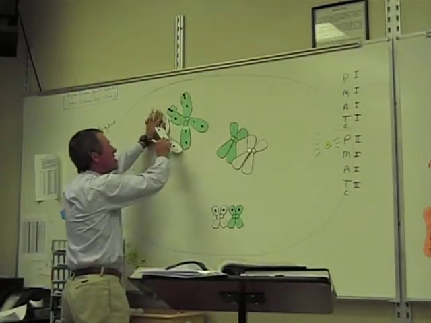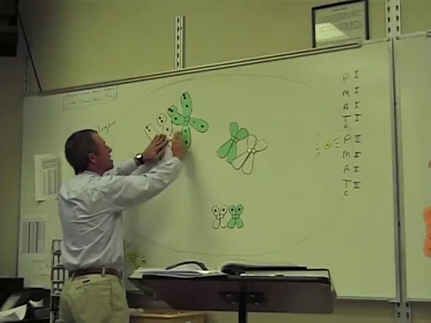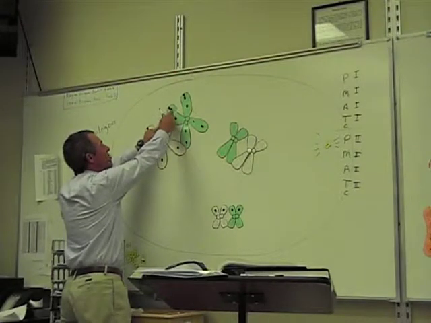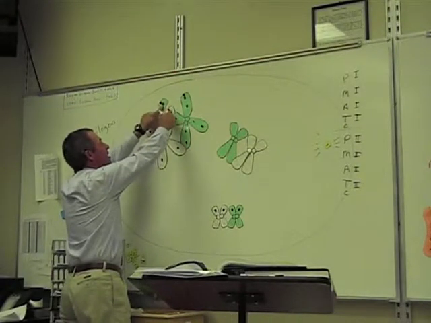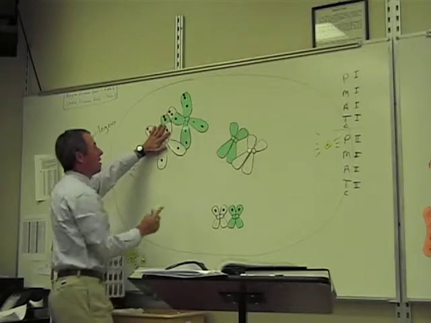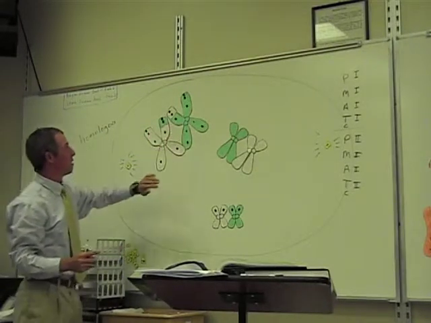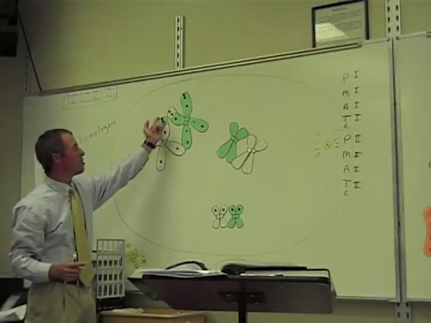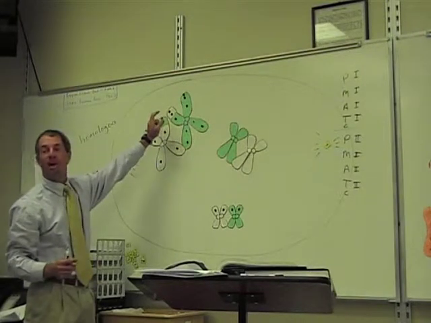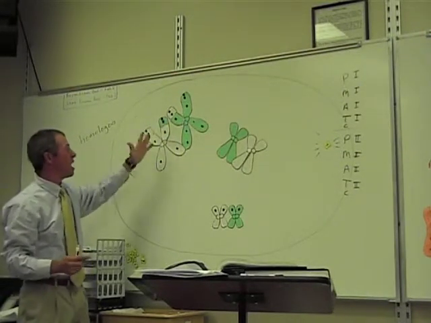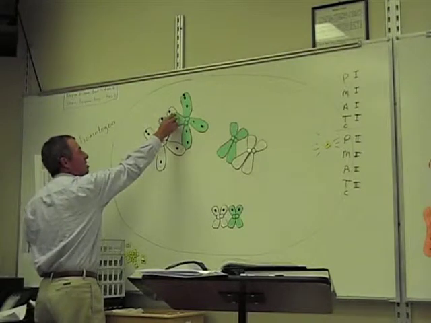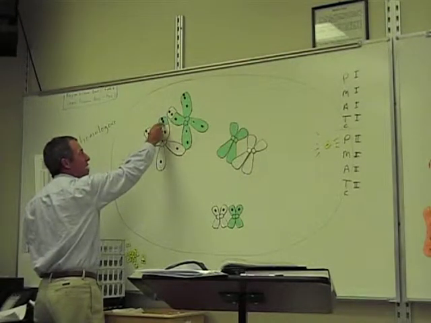And in doing so, pieces of the DNA get switched, like this. See how the pieces of DNA got switched? Now, I only have one piece on my magnets that do this, but you have to imagine this. See a little piece of the green is now on the white?